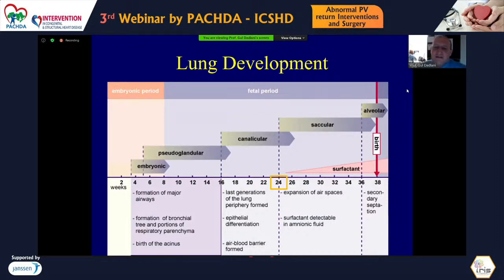When we look at the development that occurs after birth, when babies are born, they're only born with about 1/3 of their alveoli. The other 2/3 of the alveoli grow classically between birth and age 7 and 8. So by 8 years of age, the lung is fully developed.